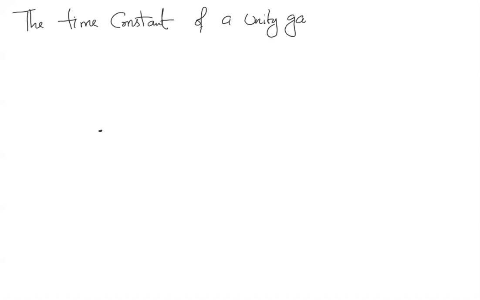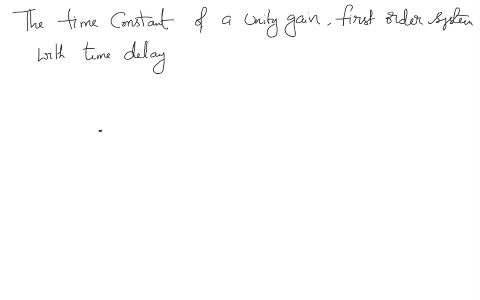Another problem. Write this problem. The time constant of a unity gain first order system with time delay is 5 minutes.